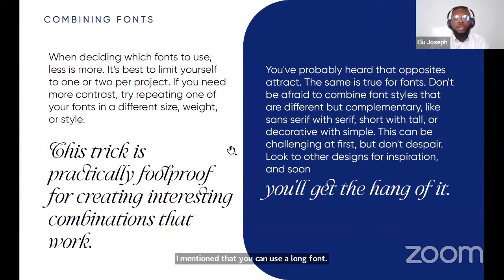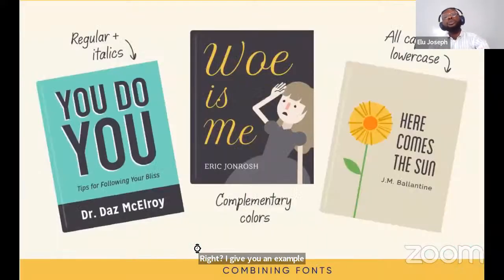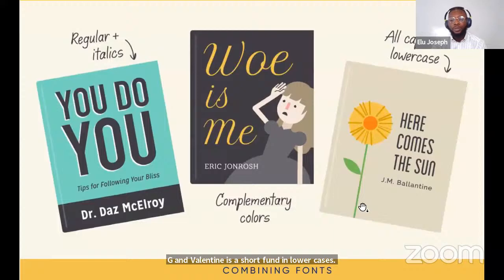And I told you what a long font and a short font looks like, right? And I gave you an example in combining fonts. See, you do you is a long font. Tips for following your bliss is a short font. It's straight. Here comes the sun is a long font, all caps. JM Valentine is a short font in lower cases, even though it can be all caps, right?